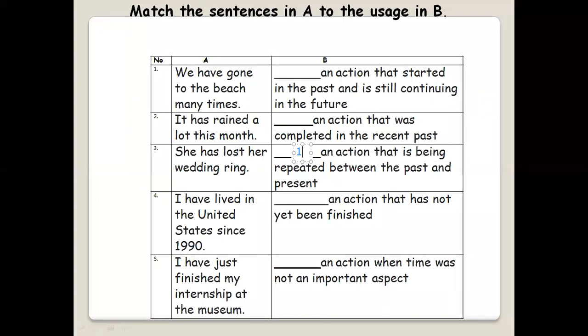Now, number 2: it has rained a lot this month. So when I say it has rained a lot this month, it means that this month maybe hasn't finished yet. So it's talking about this one, an action that has not yet been finished. So this is for sentence number 2.